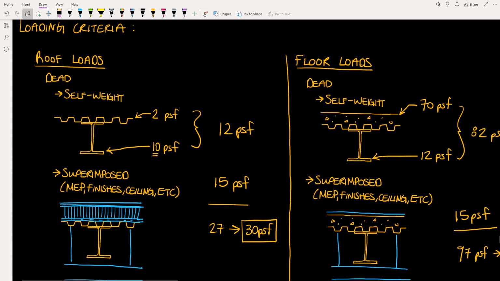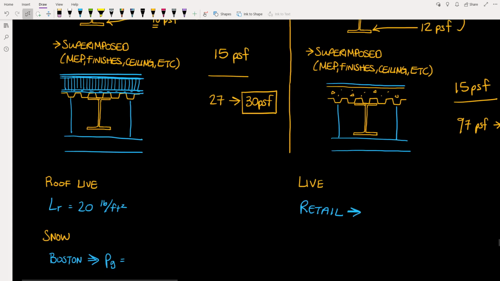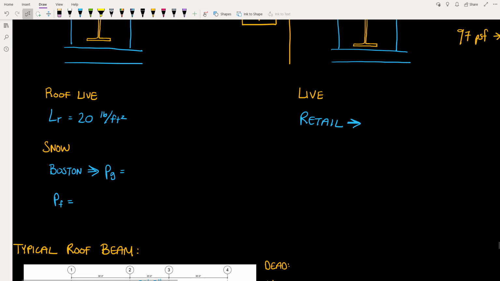Next, for our loading criteria, we have our live loads. And for the roof, we have a code-prescribed minimum roof live load of 20 pounds per square foot. And that 20 pounds per square foot is intended for maintenance workers, so people who are maintaining the rooftop equipment or the roof assembly itself.